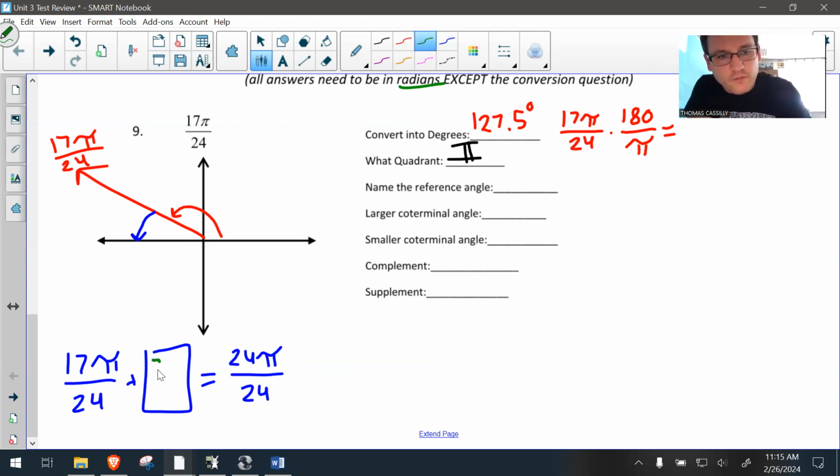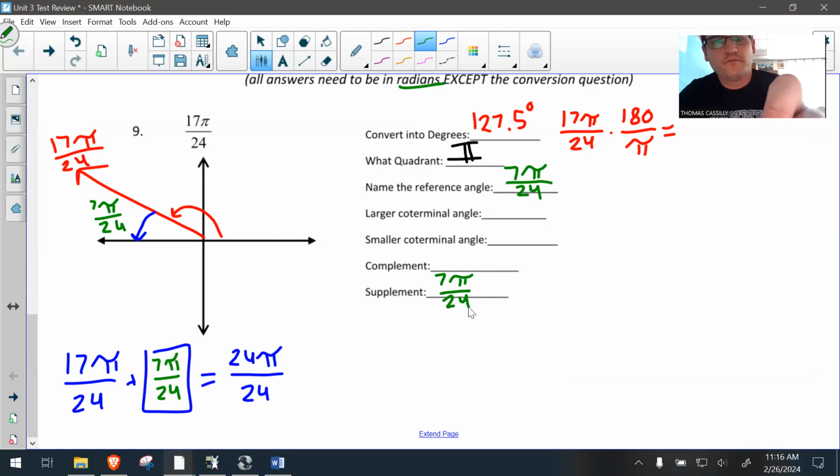So this is 7 pi over 24. Now, luckily, just coincidentally, this doesn't always happen, this also happens to be the supplement. So you get 7 pi over 24. All right, so we kind of get 2 for 1 on that one.